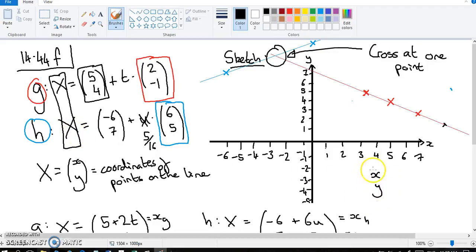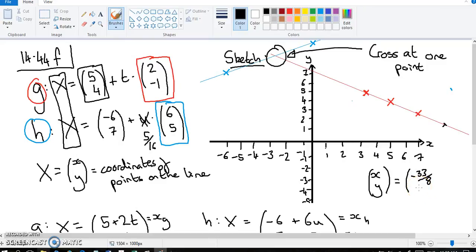So I get x is equal to, on the top, minus 6 plus 5/16 times by 6, which gives me minus 33 over 8, which is 8, 16, 24, minus 4 1/8, which could be about right for my very rough sketch.